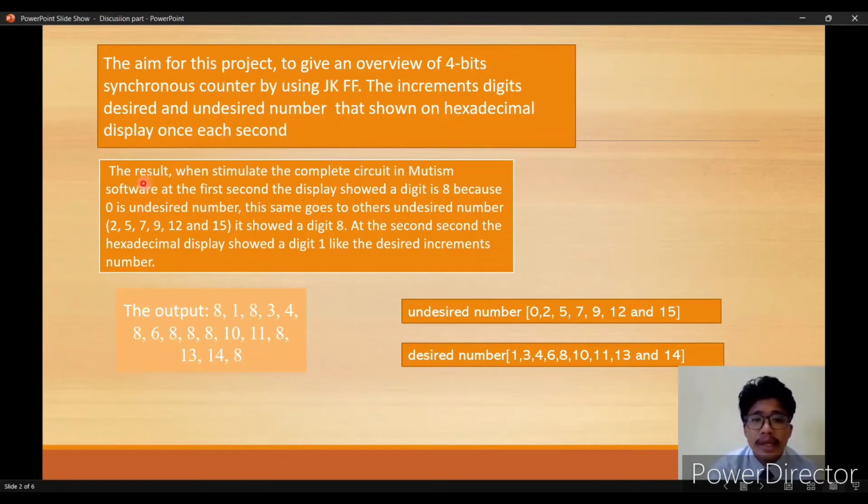The result when simulating the complete circuit in Multisim software: at the first second, the display shows the digit 8. This is because 0 is an undesired number. The same goes for the other undesired numbers. It shows the digit 8. And then at the second second, the hexadecimal display shows the digit 1, like the desired increment number. So we can see the output from this project.